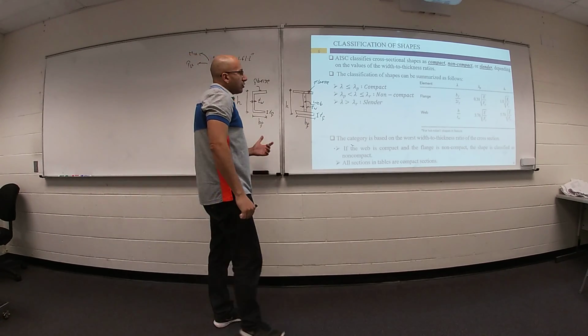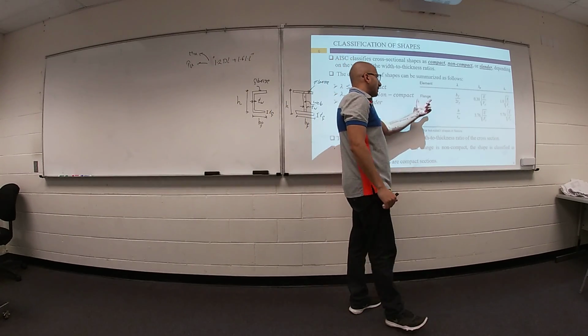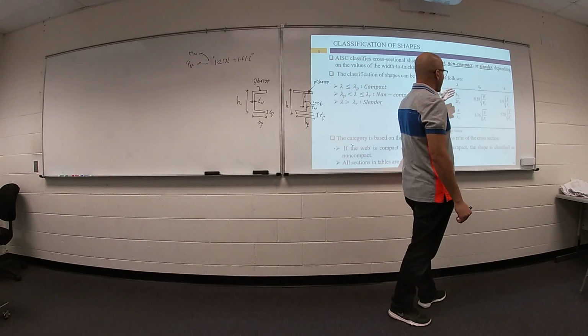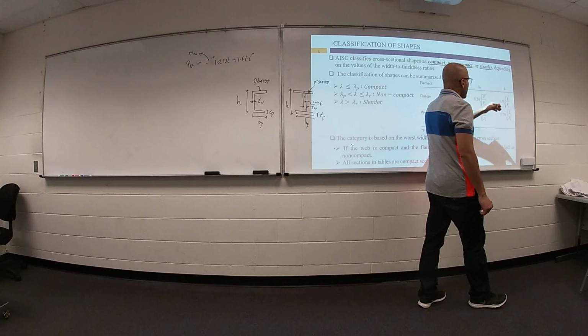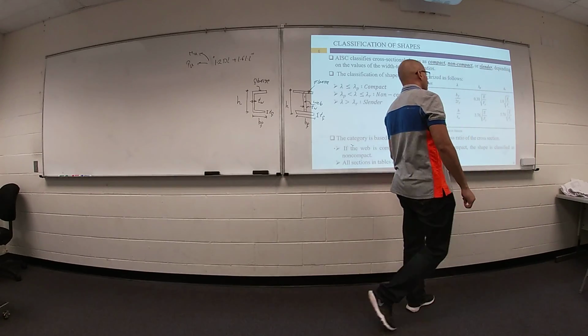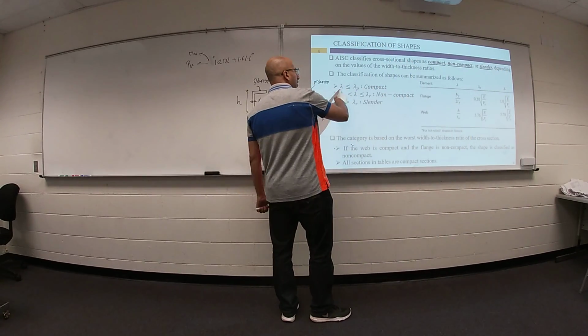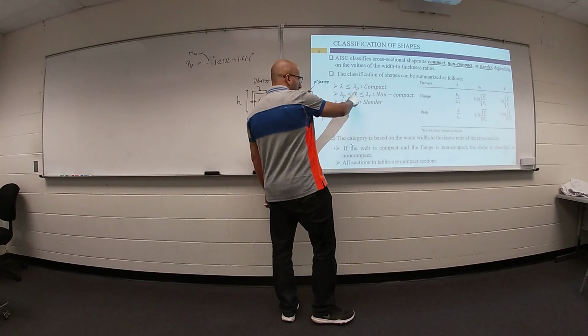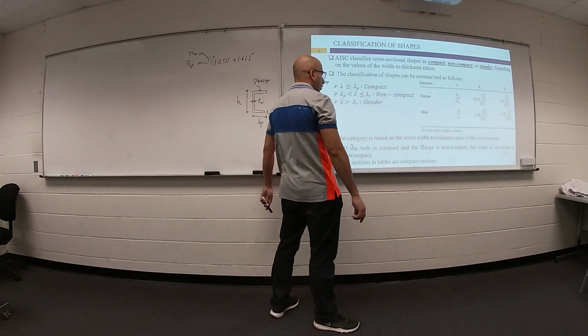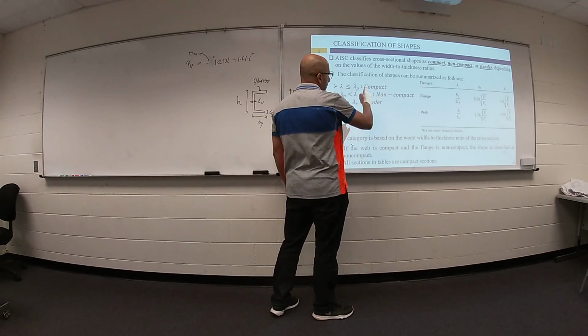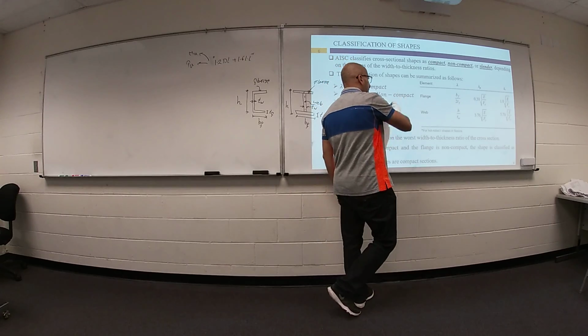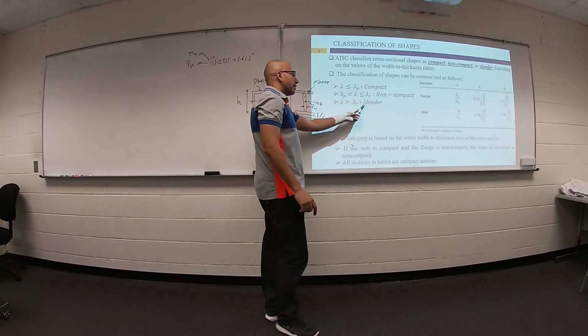So we need to first classify your flange based on lambda, lambda P, lambda R. If lambda is smaller than or equal to lambda P, your cross section is compact. In between lambda P and lambda R, non-compact. Greater than lambda R, slender.